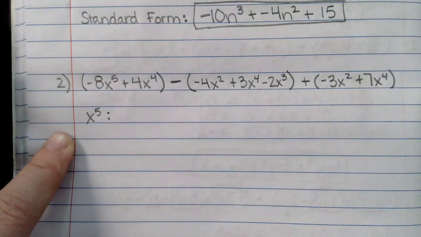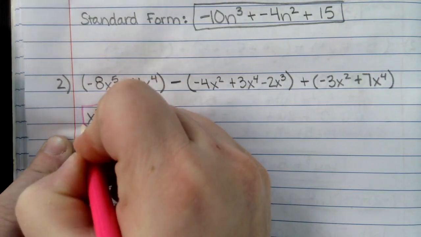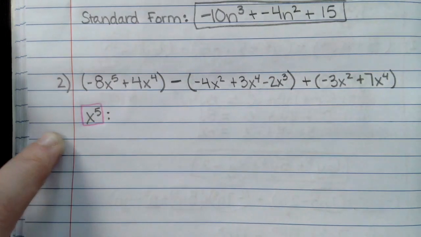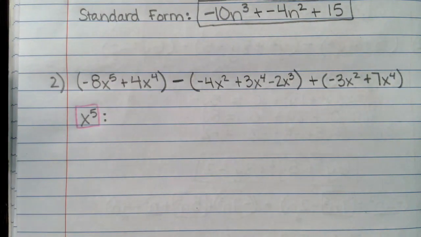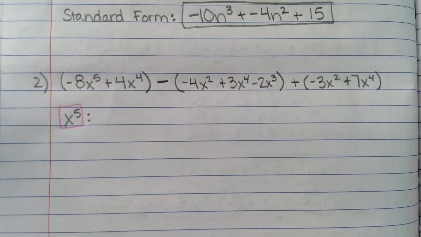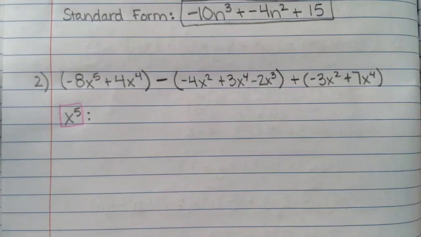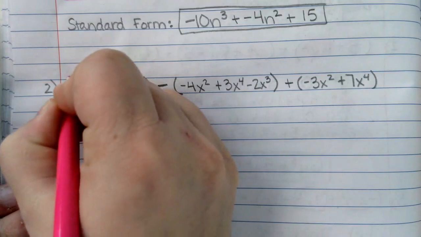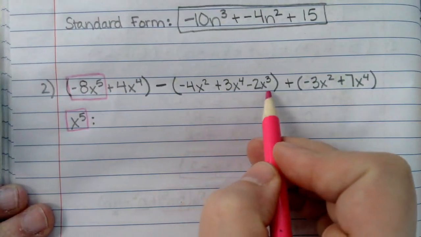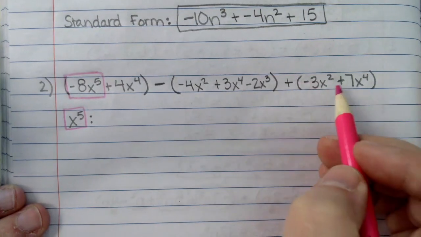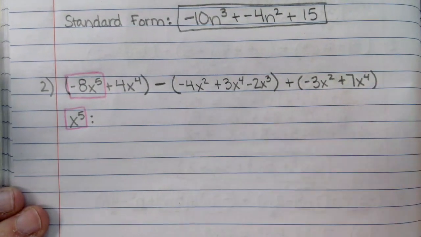All right, where do we have an x to the fifth power? Good, so we have one in the first polynomial. Do we have one in the second polynomial? Nope, what about the third polynomial? No. So on this one, we are going to use zeros as placeholders. So I have negative 8x to the fifth power minus, now there was none here.